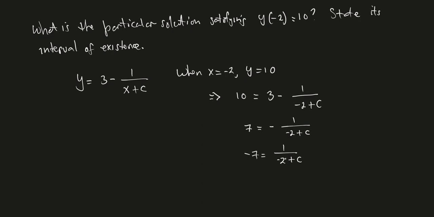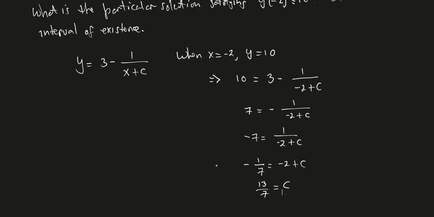Take the reciprocal of both sides. So then this gives me negative 1/7, and that's equal to negative 2 plus c. Add 2 to both sides, so that's 14 over 7. So 14 over 7 plus negative 1 over 7 gives me 13 over 7, and that's my c, right?